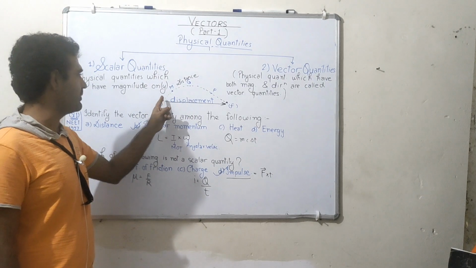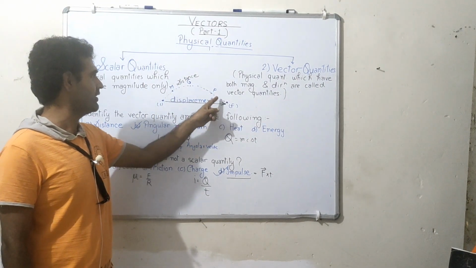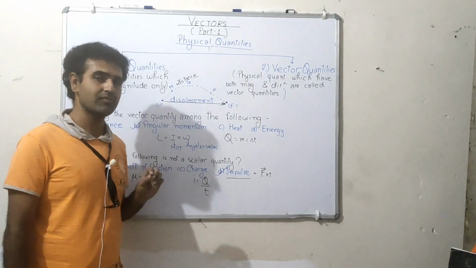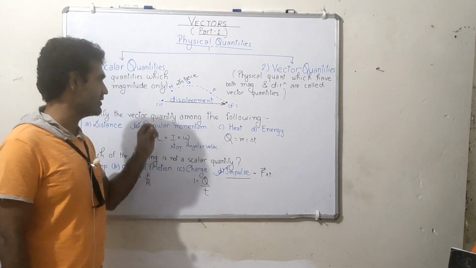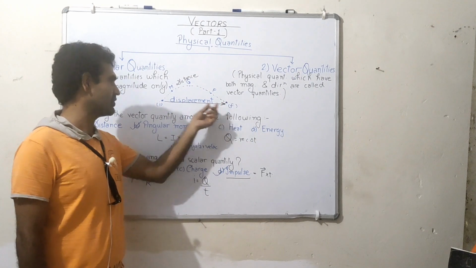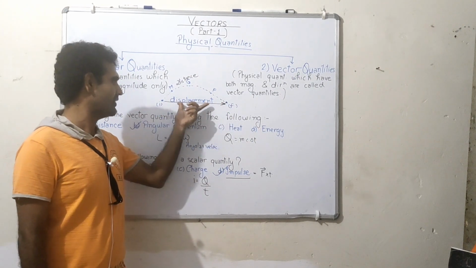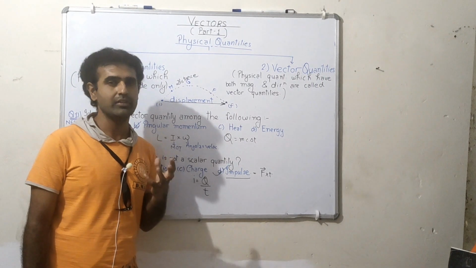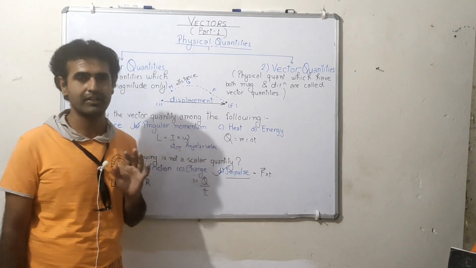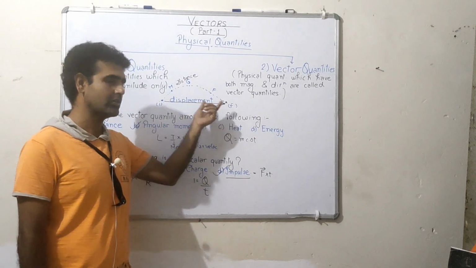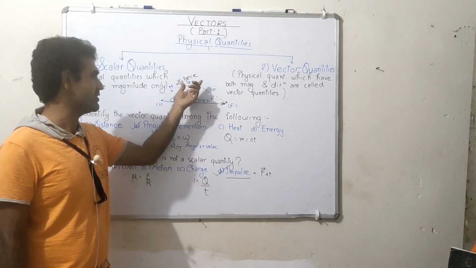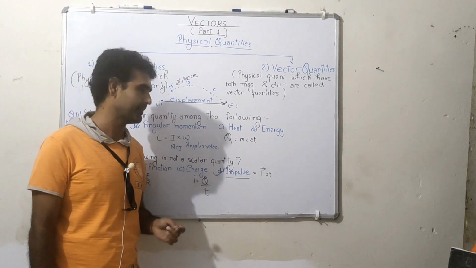The total path traveled will be called the distance, and this is a scalar quantity, whereas displacement is a vector quantity, defined by the direction from initial position to final position. It will be shown by an arrow. The length of the arrow shows the amount of displacement. So displacement we define as the shortest distance between the initial and the final point, and since it has a direction from initial to final position, this is a vector quantity. Distance does not have a direction, therefore it is called a scalar quantity.